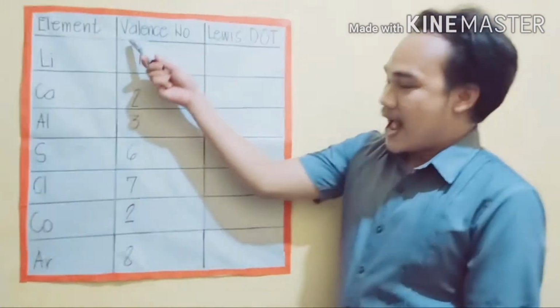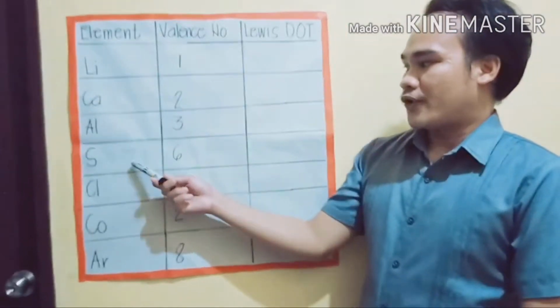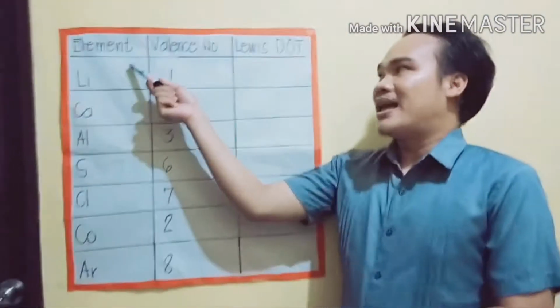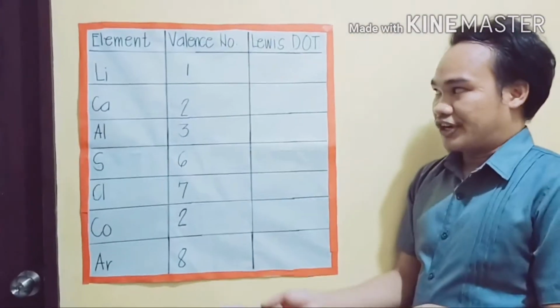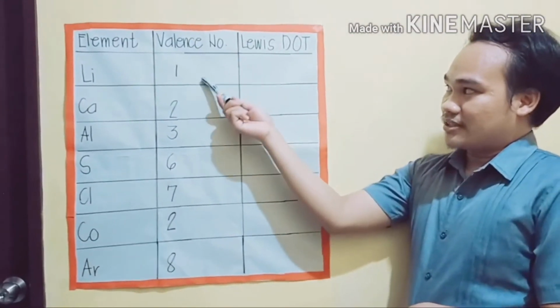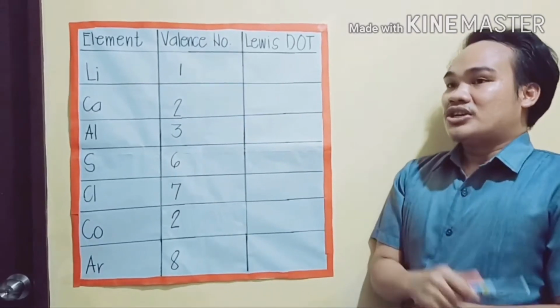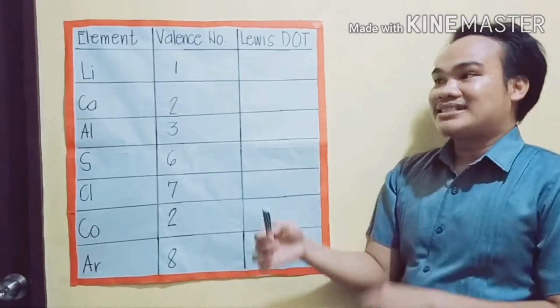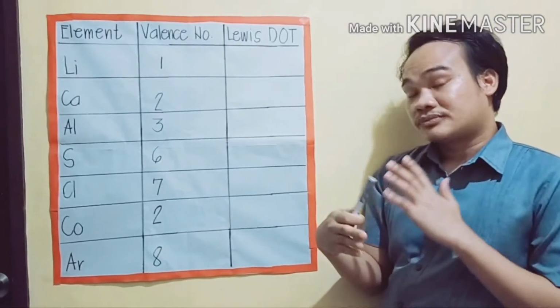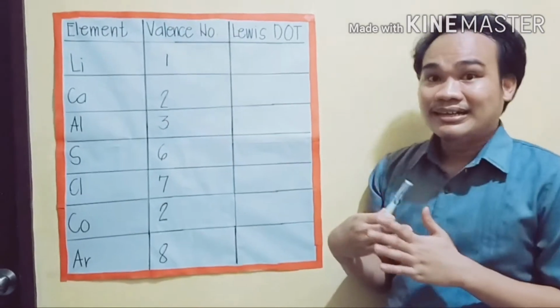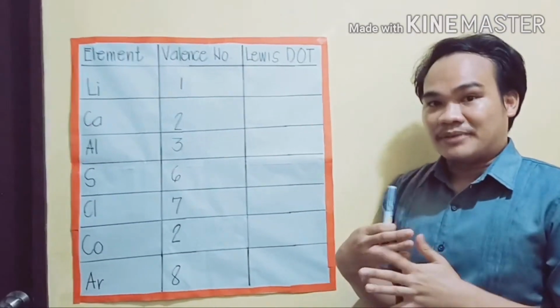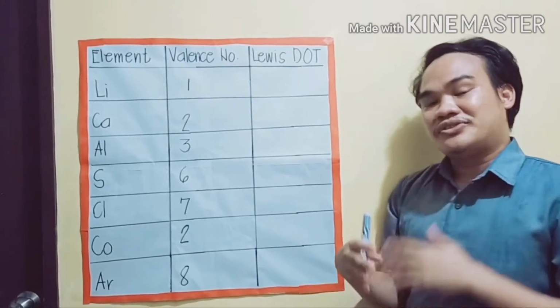So now we have 1, 2, 3, 4, 5, 6, 7. We have the element symbol here, and then their valence electrons. Always remember that the valence electron count is equal to the group number of an element, but there are exemptions to the rule.